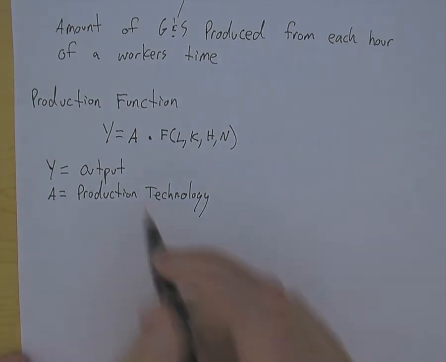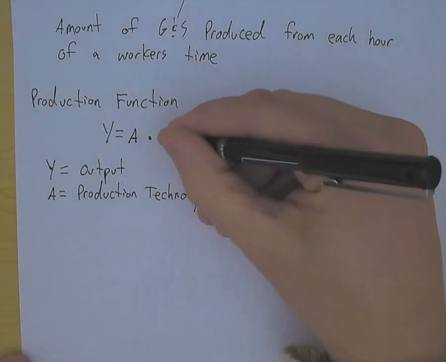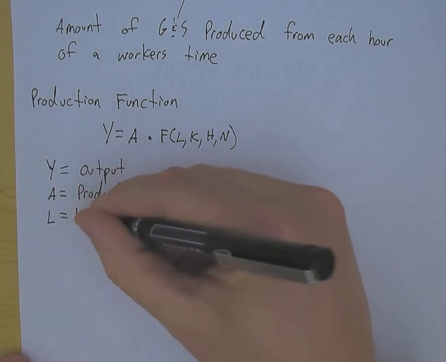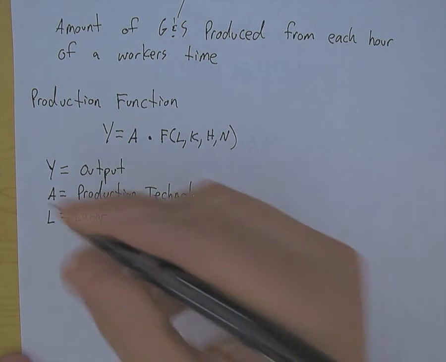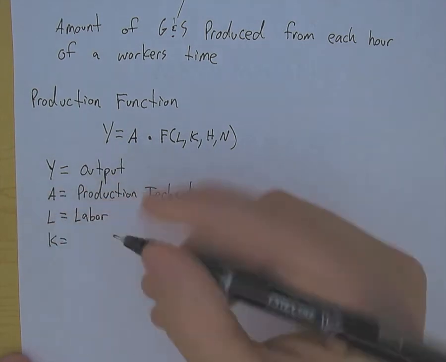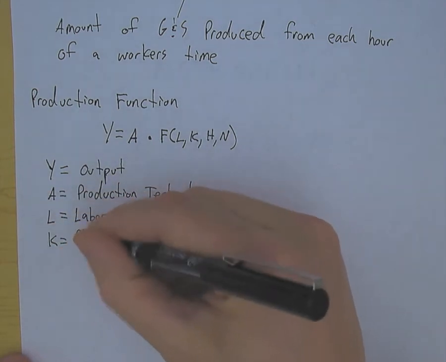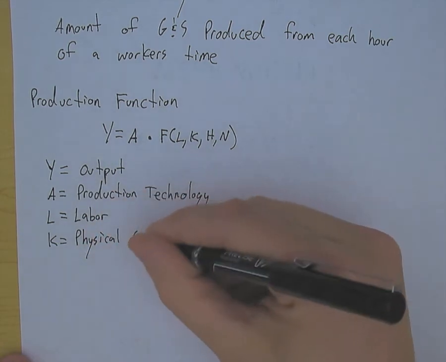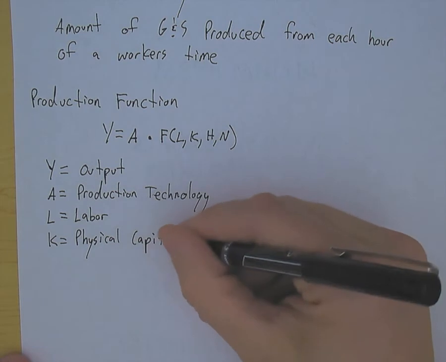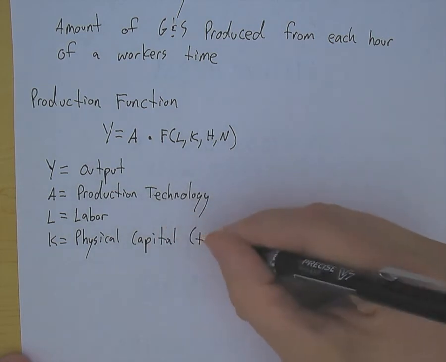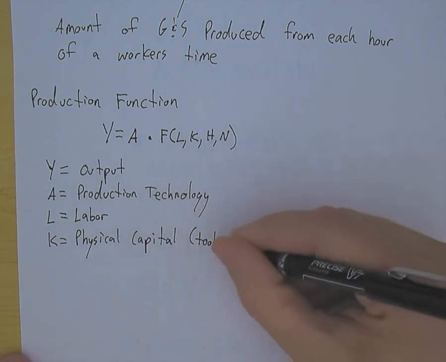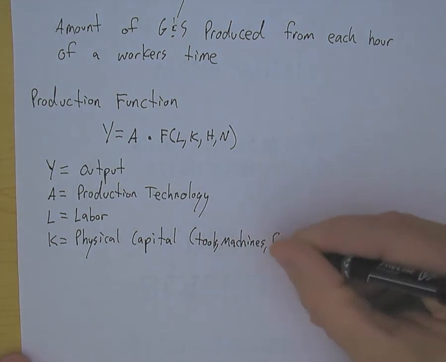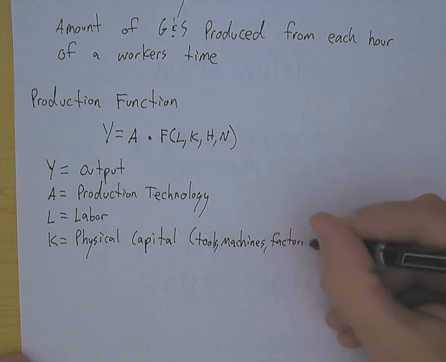Then we have this function, the F, this stands for the function of, and it's this mix of L, which is labor, K, which is physical capital, and what's physical capital? It's things like tools, machines, factories, things that you will use to produce something.